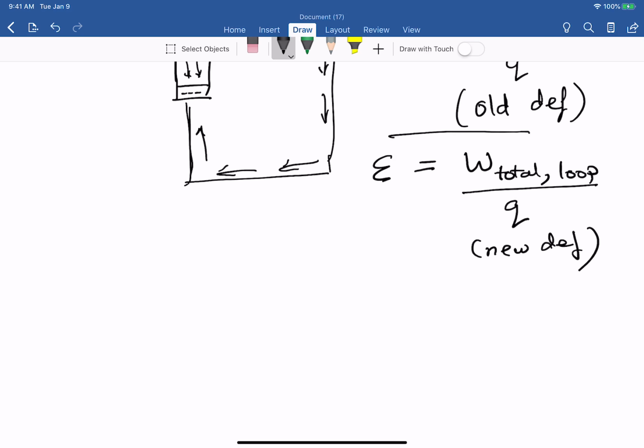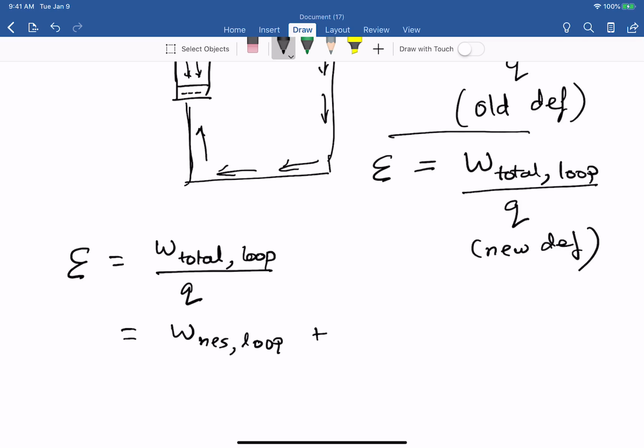So EMF, according to the new definition, was W total over the entire loop over Q. W total over the entire loop can be written as W non-electrostatic over the loop plus the work done by the electrostatic forces, which is just the work done by the electric fields over the loop, divided by Q.